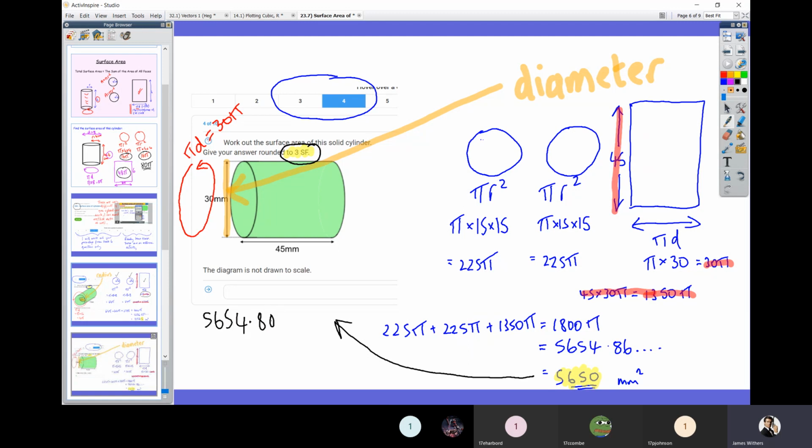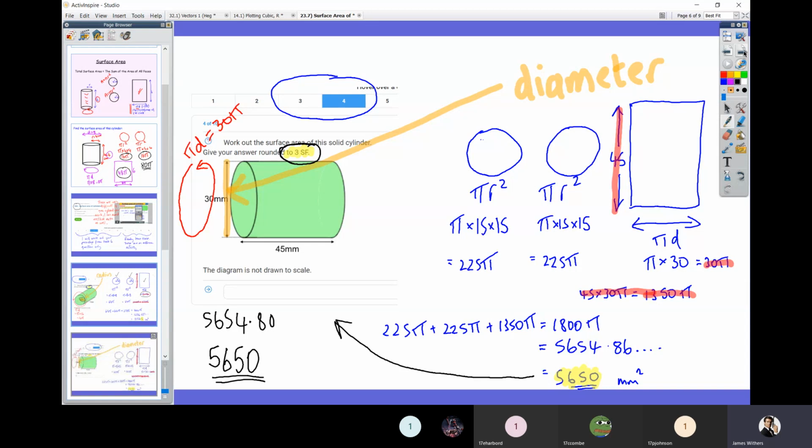Let's say it's 80. 3 significant figures means you're only allowed 3 numbers that are not zeros. So 5, 6, 5, and then a 0 to get the right number of digits. So if you get a question like this, 3 significant figures, your final answer would be 5650. It does not mean 3 decimal places.